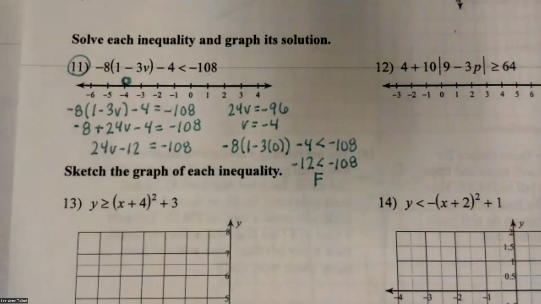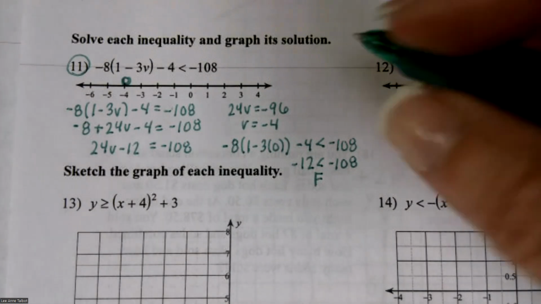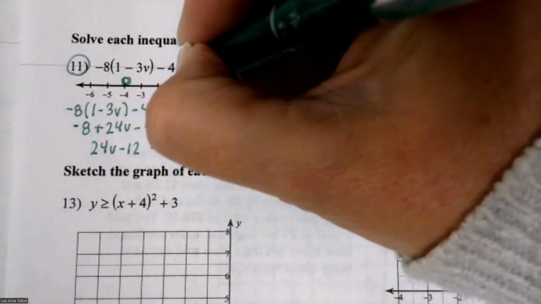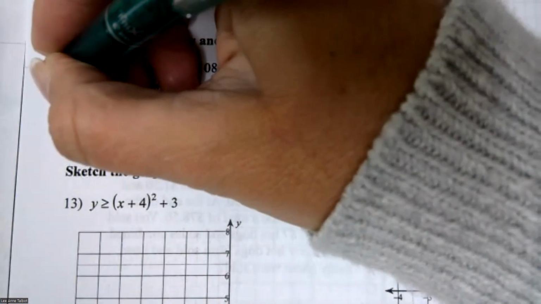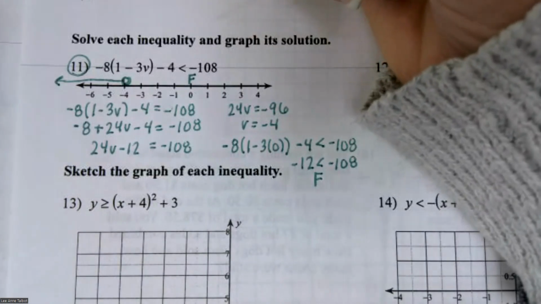False. Definitely false. I didn't even really need to do the math there. That was clearly going to be false. So false at 0, true everywhere else.